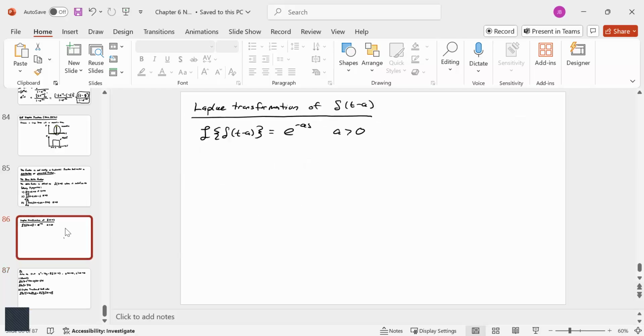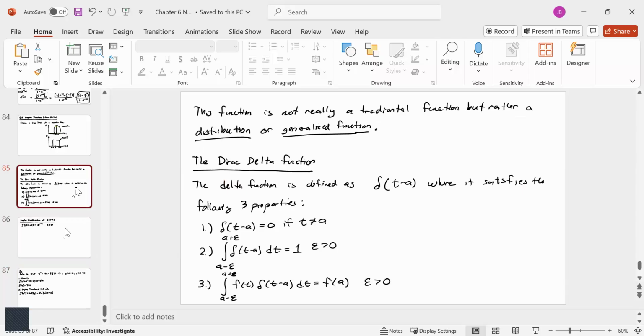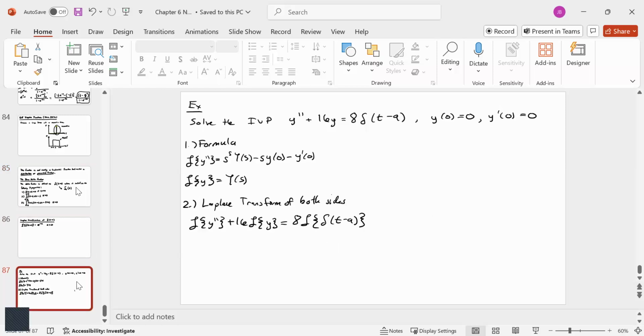Just like before, you could also probably write it like this, putting the a as a subscript. That's perfectly valid. Whatever makes you happy in that respect.